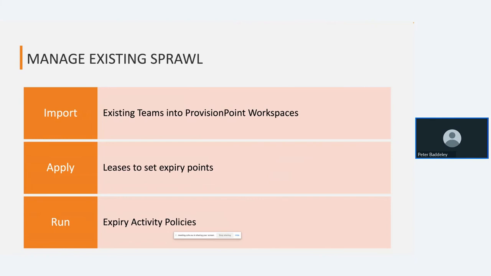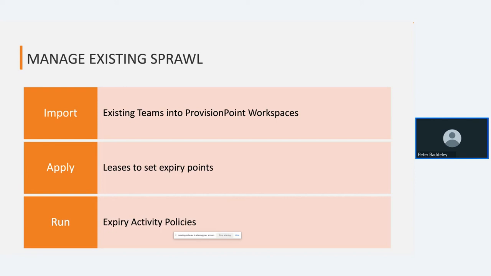Now, the important thing about everything I've shown you so far is that this works with either new teams created. So you want to go and create a new team from a template defined in ProvisionPoint workspaces. All of those policies and leases can be applied.